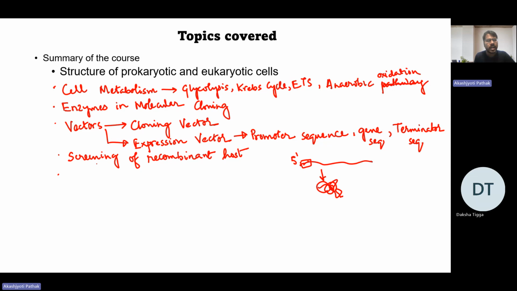After that, we learned about the expression of the protein, how we can express the protein. Mostly it is done by IPTG induction in the case of bacteria. So expression of the protein and then purification of the protein.